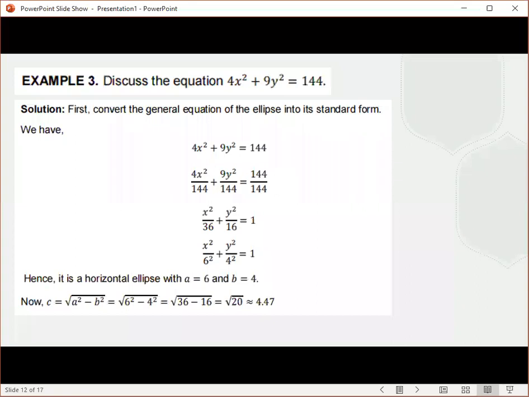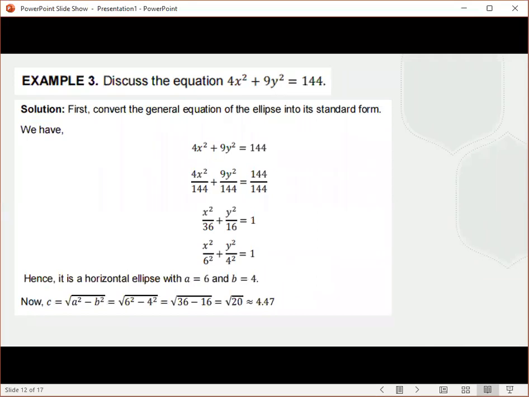We multiply 1 over 144 to both sides of the equation. Multiplying it, simplify 4 over 144, and you'll have x squared over 36. 9y squared over 144, you'll get y squared over 16, and this is equal to 1. Now, we need to identify the values of a, b, c, h, and k. Again, how do we discuss the equation?